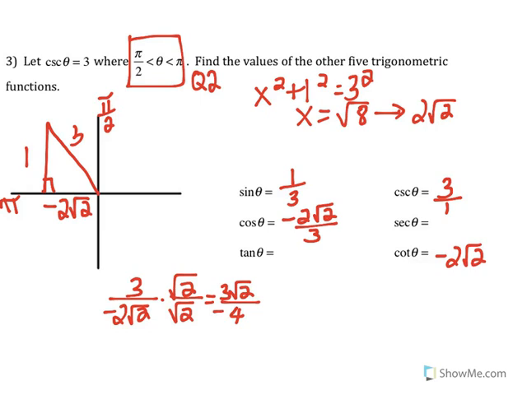So we'll end up getting negative 3 root 2 over 4. And then for tangent, same thing. We are going to take 1 over negative 2 root 2 and rationalize that.